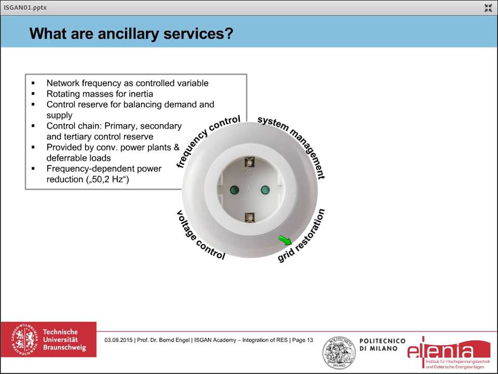We have a control chain: primary, secondary, and tertiary control reserve. I come to that later. And this is provided by conventional power plants, as I have said. 50.2 hertz, I will come to that later.